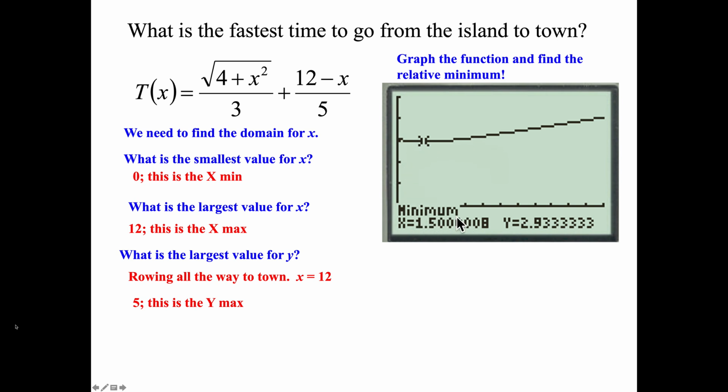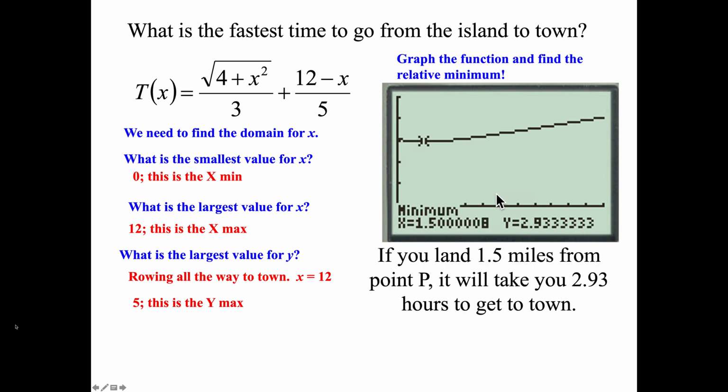Enter on the guess, and your minimum is at about 1.5, probably a slight rounding error here. So we'll just call it 1.5 miles from point P. It's going to take you 2.933. Well, remember, your rate was in miles per hour. It's going to be just under 3 hours to get to town if you land your boat 1.5 miles away from point P.